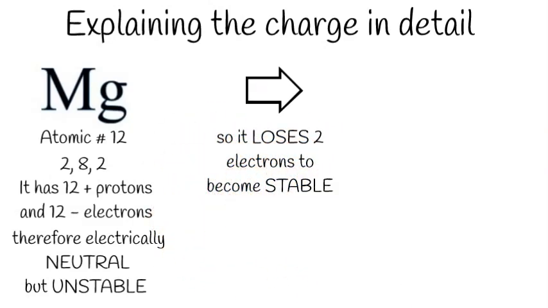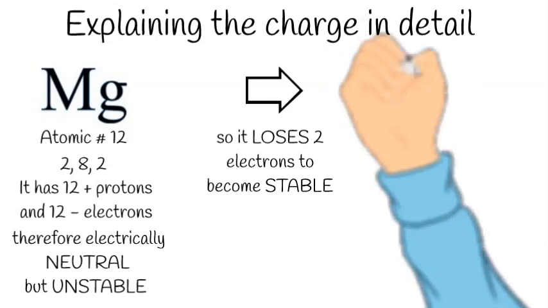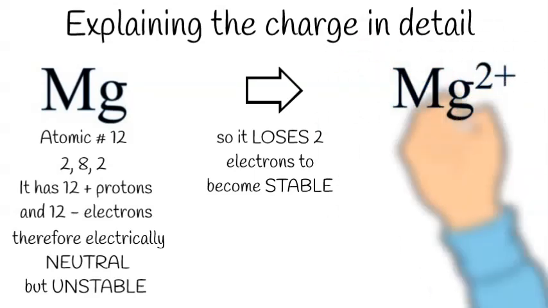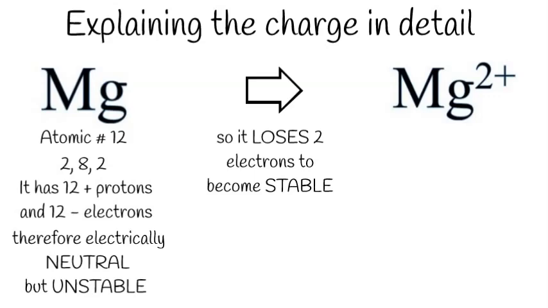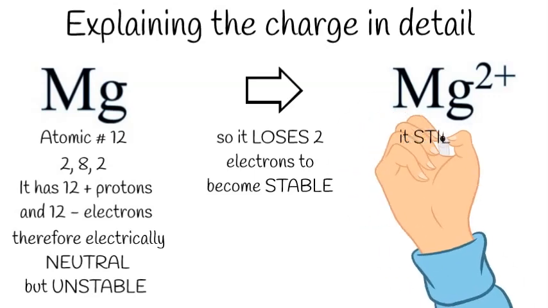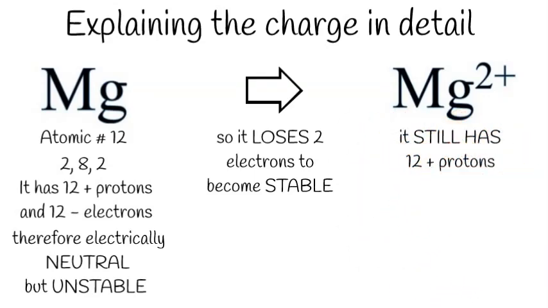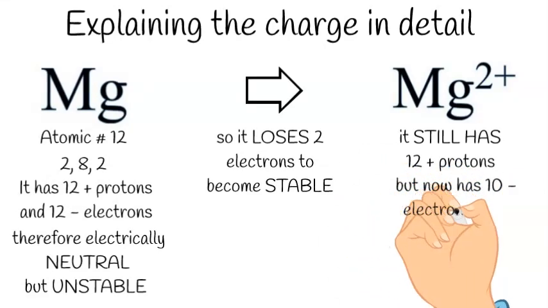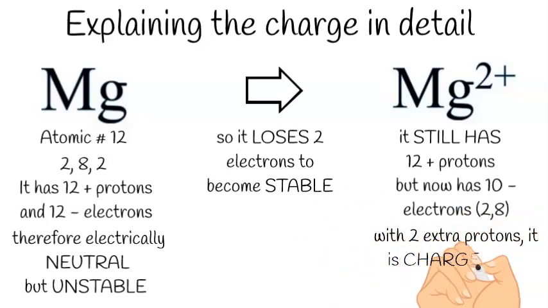To get stable, it loses 2 electrons to get this full outer shell and becomes Mg2+. Why is it Mg2+? It still has 12 positive protons, still atomic number 12. However, it now has 10 negative electrons in the arrangement 2,8. With 2 extra protons, 2 fewer electrons, it is now charged +2, and it is now stable.